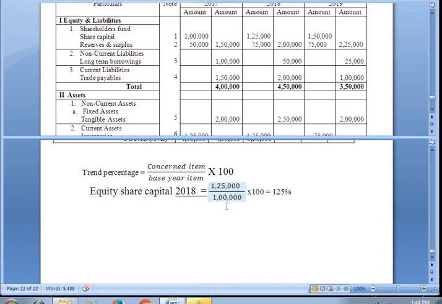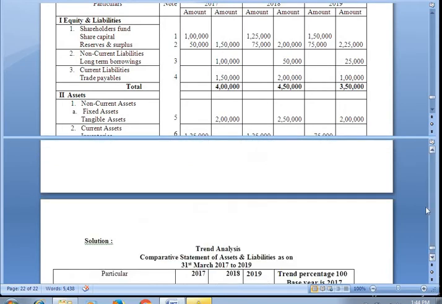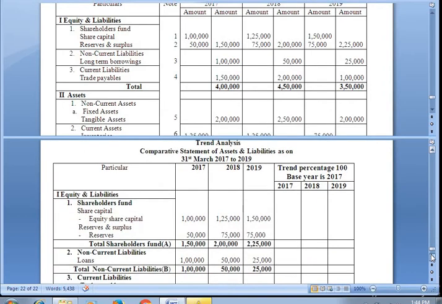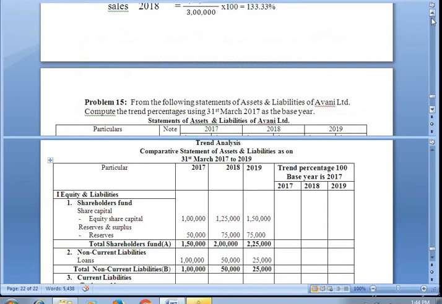So 1,25,000 divided by 1 lakh into 100 is equal to 125%. Understood? So in this way we have to find out percentages for all the items, taking 2017 as the base year. In the first sentence of the problem they have clearly mentioned to take 2017 as the base year.